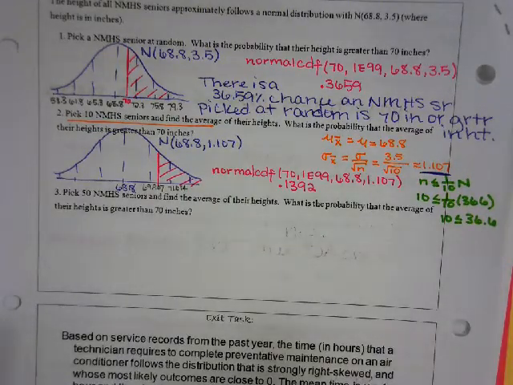There's a 13.92% chance that 10 NMHS seniors chosen at random have an average height of 70 inches or greater.